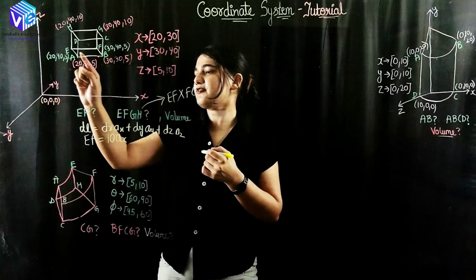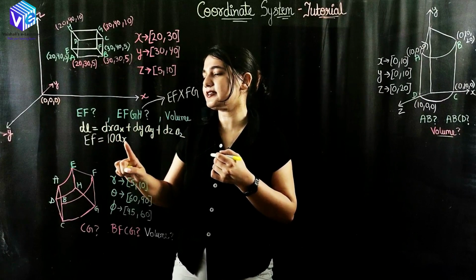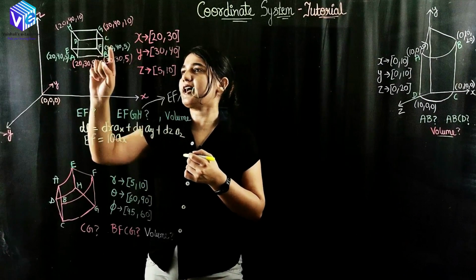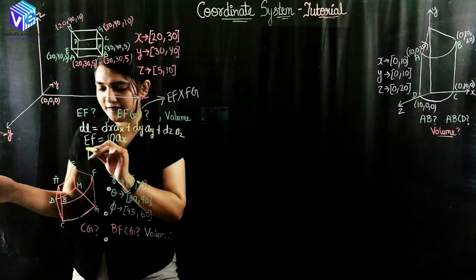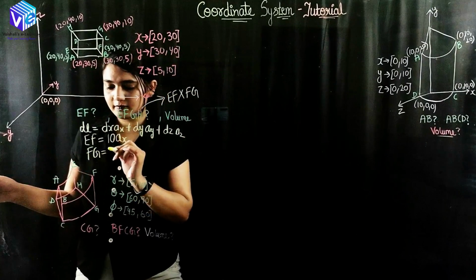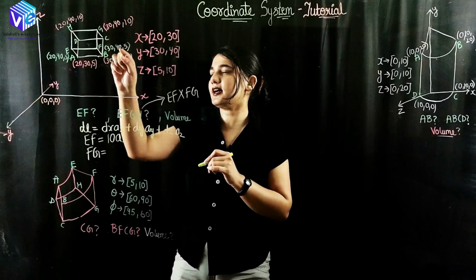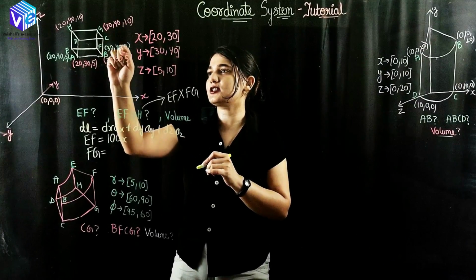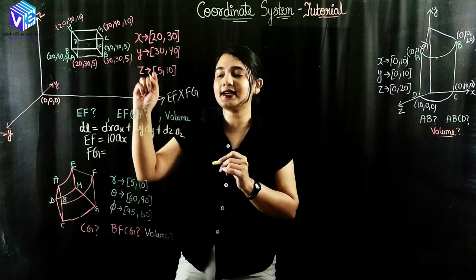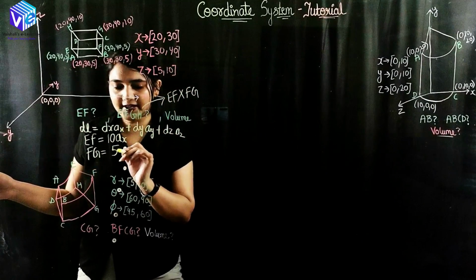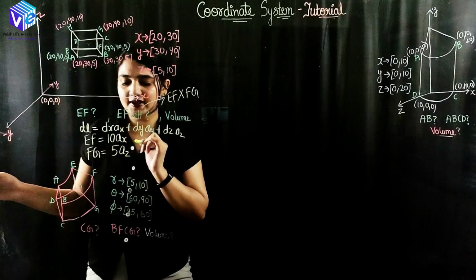EF I have calculated, it is 10ax. Now let's find out FG by the same formula. Here the change in x is 0, the change in y is 0, but the change in z is 5. So I will directly put it as 5az.